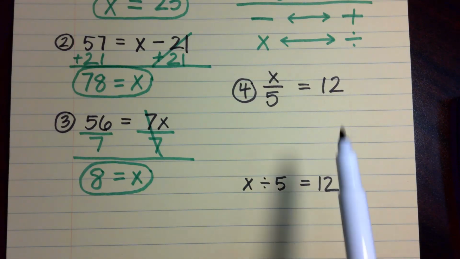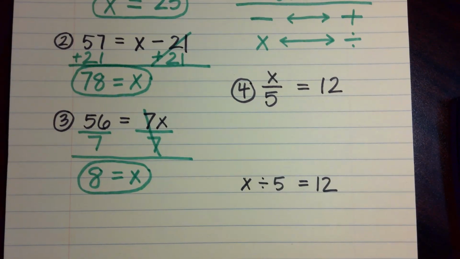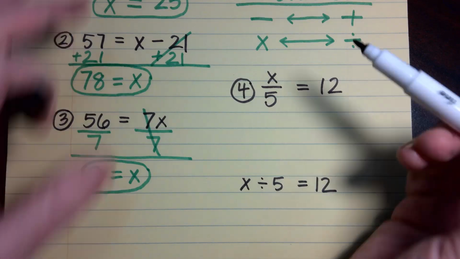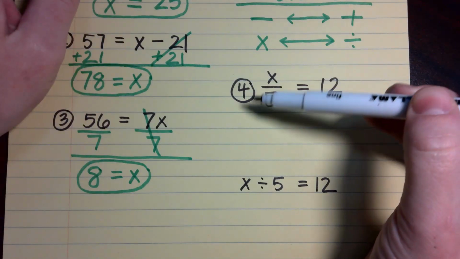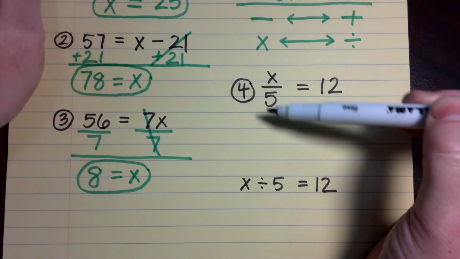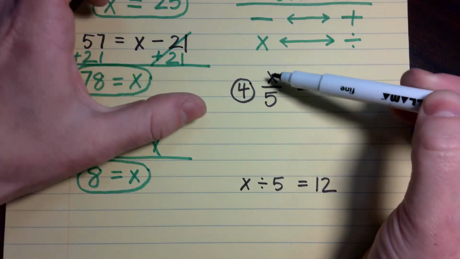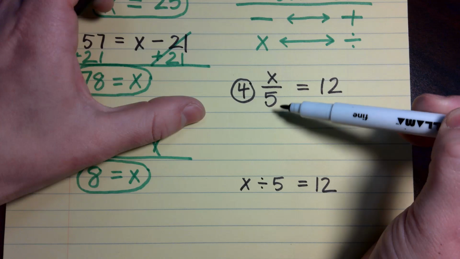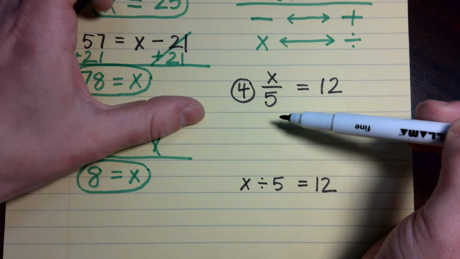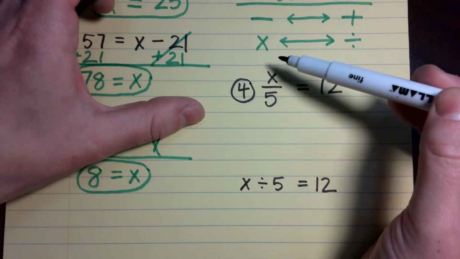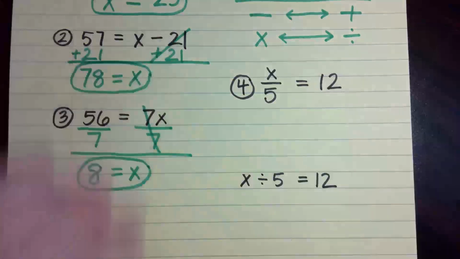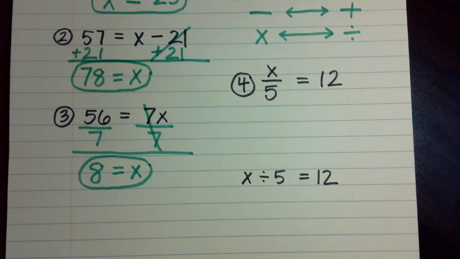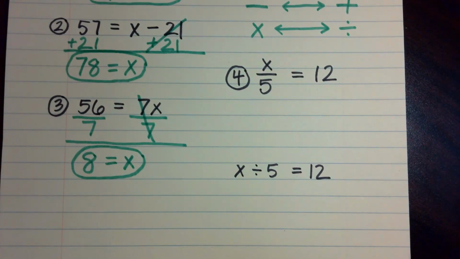So either one of these could be what you see, but I want you guys to make sure that you are comfortable with this version as well. When we have an x over a number, this means that we are doing division. This is division, guys. So let's work it out on this one first, and we'll do that one next. Make sure we get the same answer, which we should.